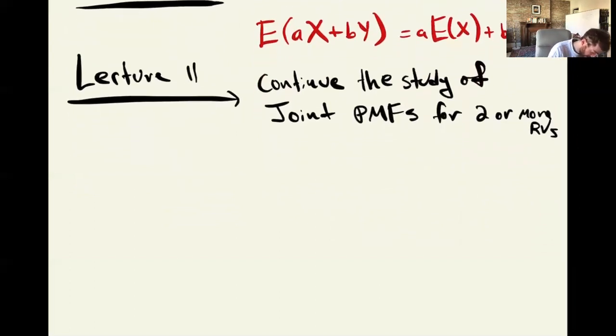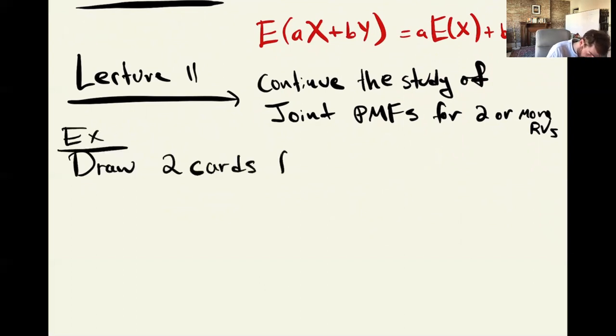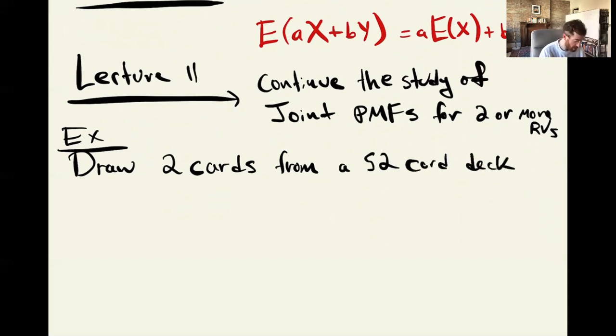So let's imagine I draw two cards from a 52 card deck. So your standard card deck you play poker with. Now again, this is an experiment. And associated to this experiment, we can study one or more quantities.